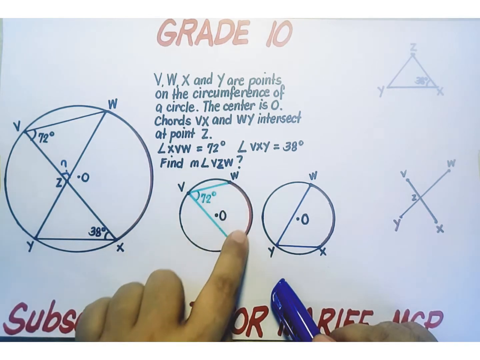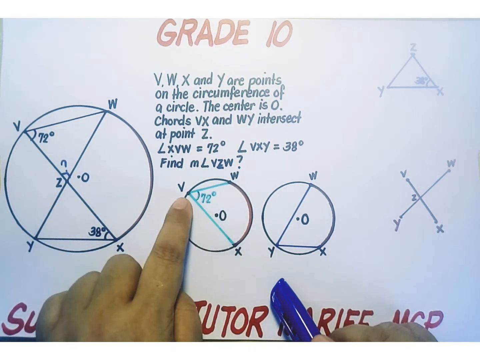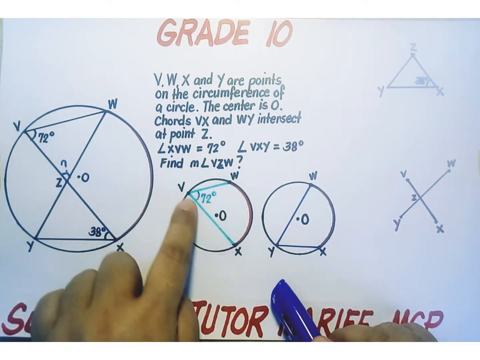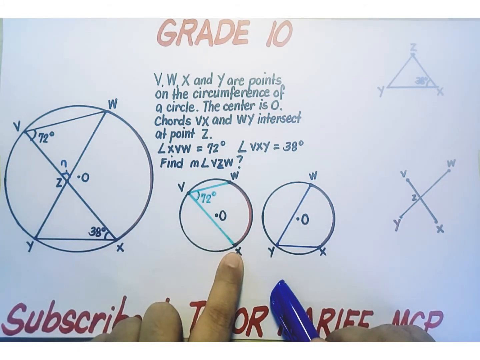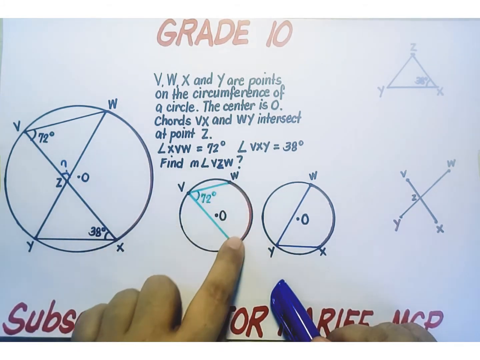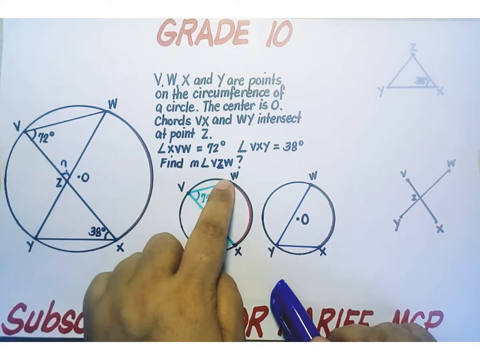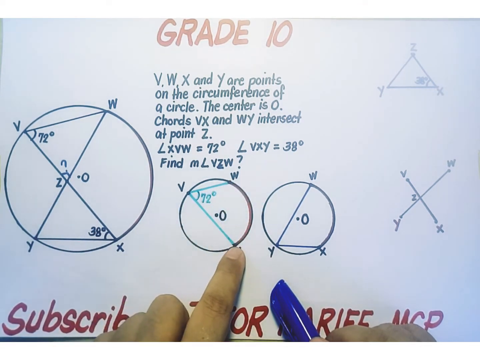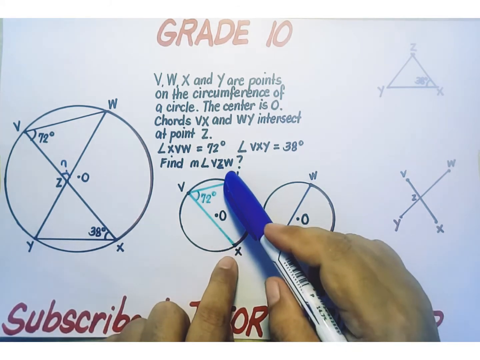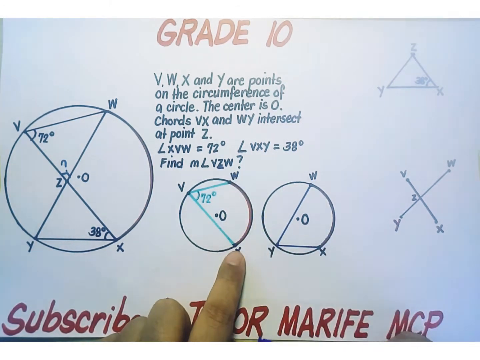This is the section of the circumference encased by sides VW and VX. Therefore, this is the intercepted arc of the angle. We can name this arc as arc XW or arc WX. You can interchange the letters when naming an arc.